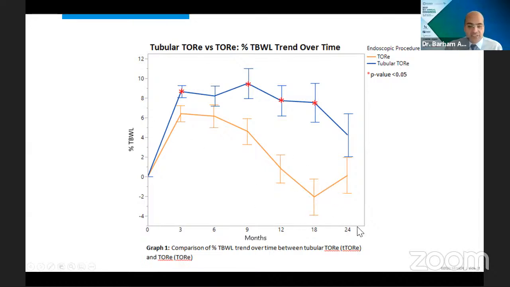You could see at 24 months and at all time points that the percentage total body weight loss and the durability of the response is much better with the tubular TORE rather than the standard TORE. And as such, we submitted this for presentation, and that's now our standard practice, the tubular TORE, at least at our center.